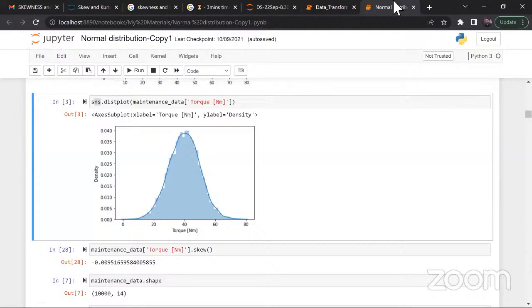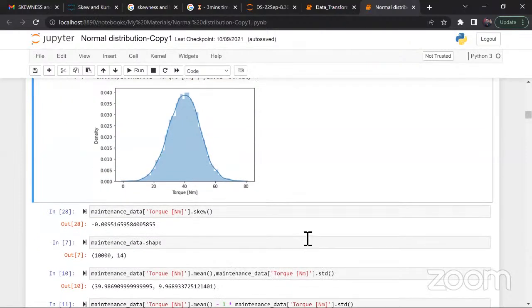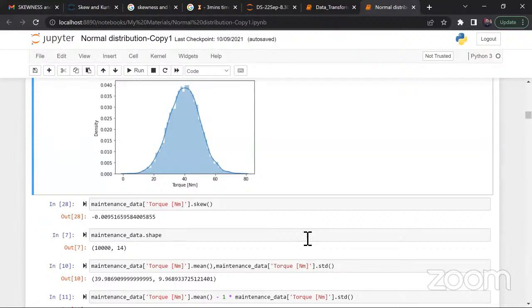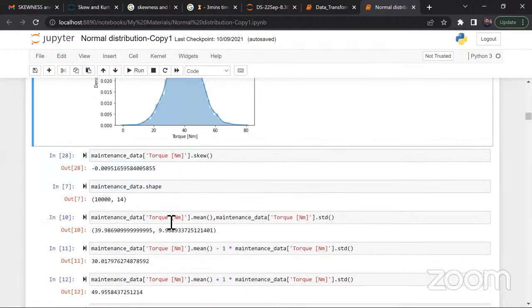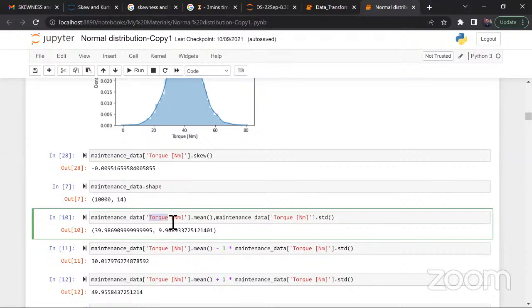So whenever I'm saying it is a normal distribution, it follows one property called the empirical rule, right? That is 50% to the left-hand side and everything. I mentioned this term, it follows the empirical rule. The empirical rule is nothing but 68%, 95%, 99.99%. To understand that, see this, I'm calculating the mean of that particular torque, the torque in Newton meter that I picked up.